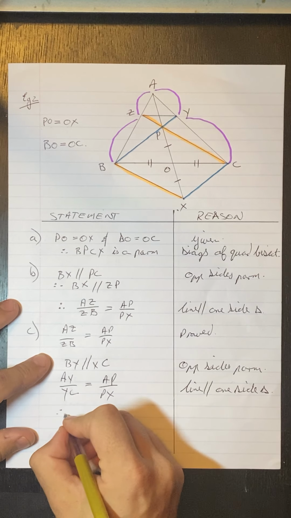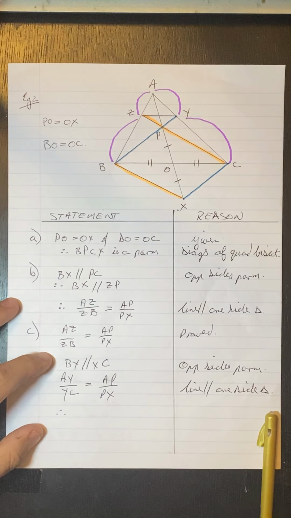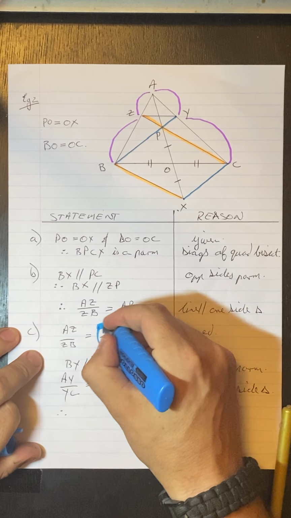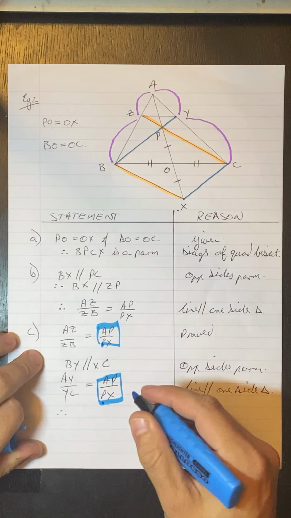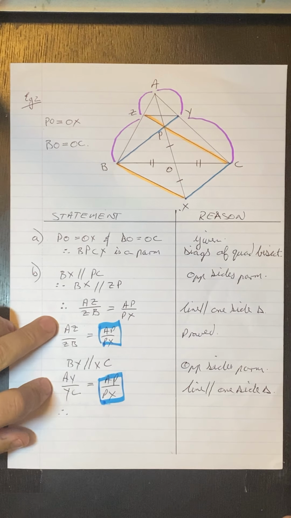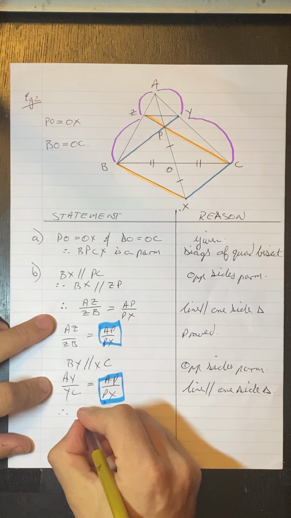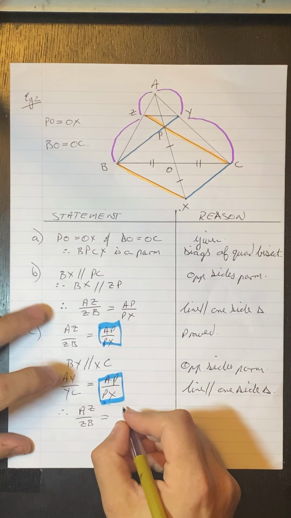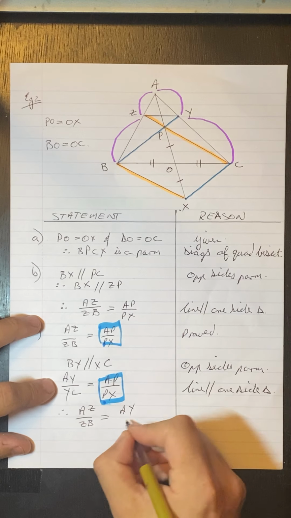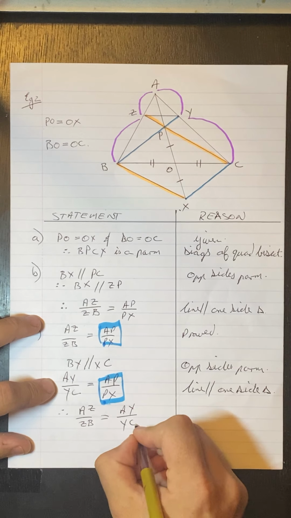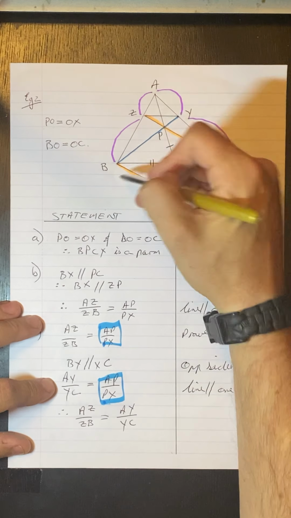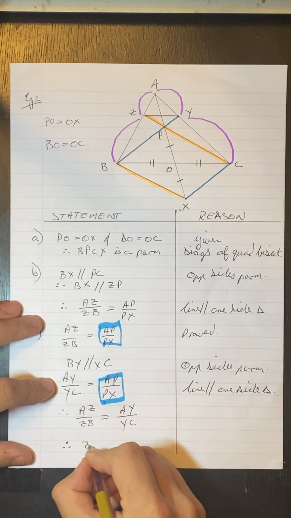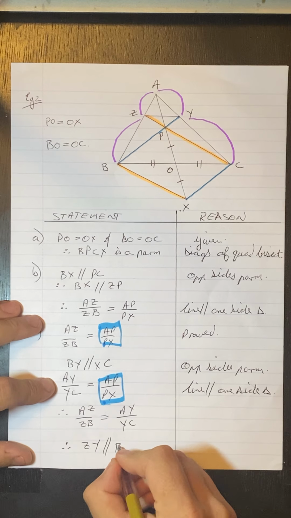Therefore, because they are both equal to that, these two must be equal. So therefore we have AZ to ZB must be equal to AY to YC. So we've proved that purple bit now. Therefore, because we've got those in proportion, ZY must be parallel to BC.